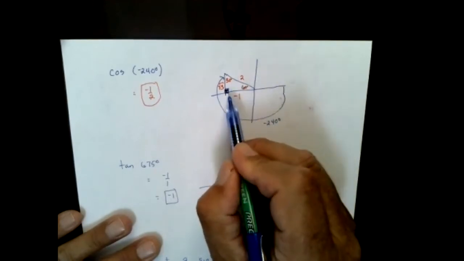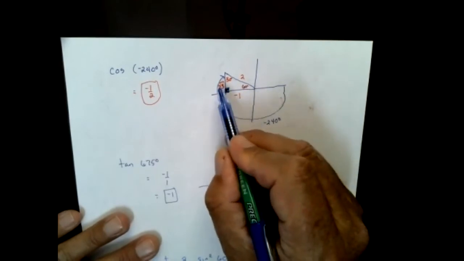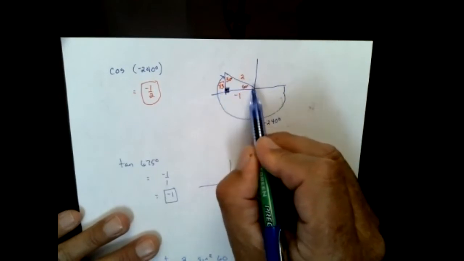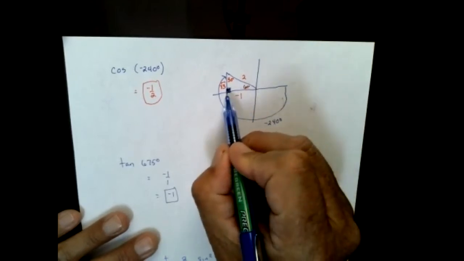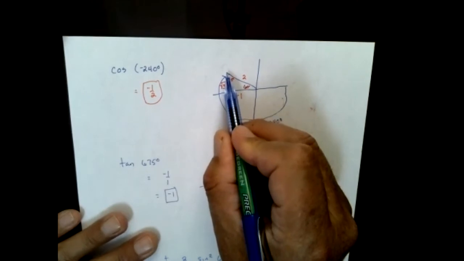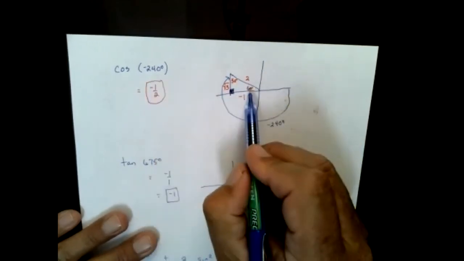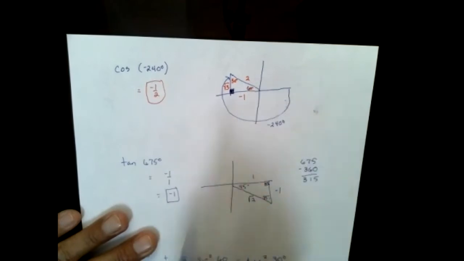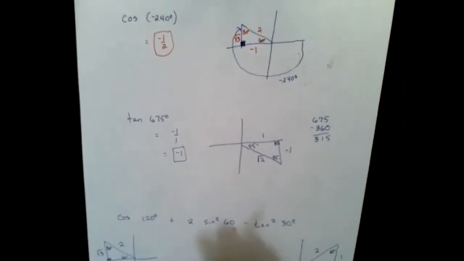So 30-60-90: opposite 30 is 1, opposite 60 is the square root of 3, and the hypotenuse is 2. By location, I go negative 1, square root of 3. Now I take the cosine of this reference angle, adjacent over hypotenuse, negative 1/2. Hopefully you got that right.